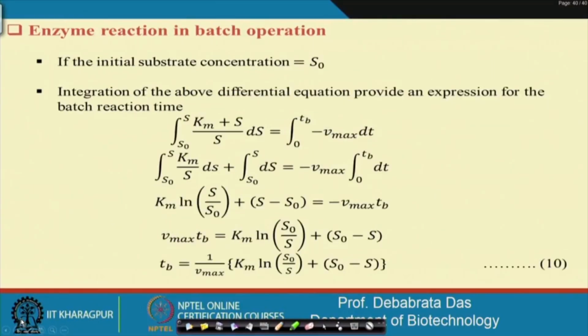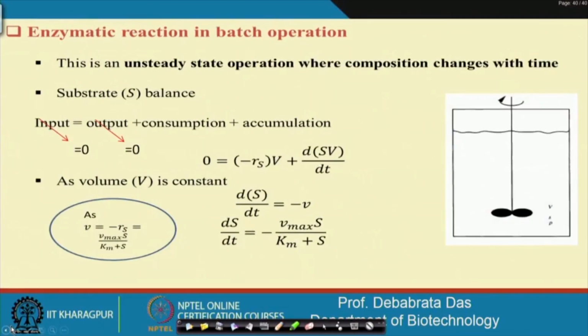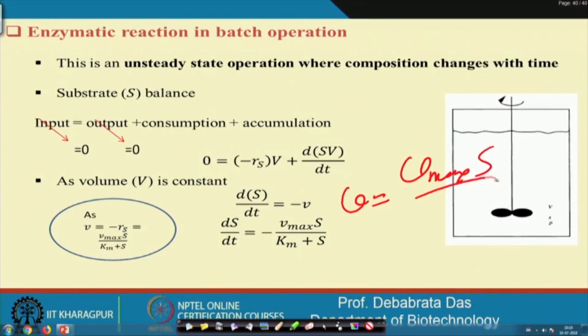And now if you look here, your v equals Vmax S by (Km plus S). Am I right?